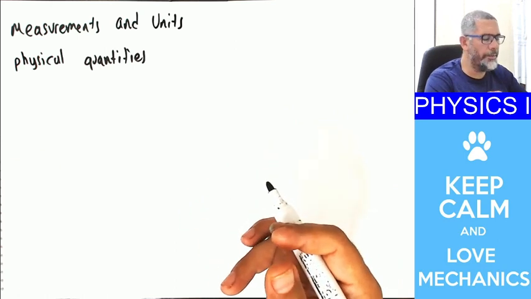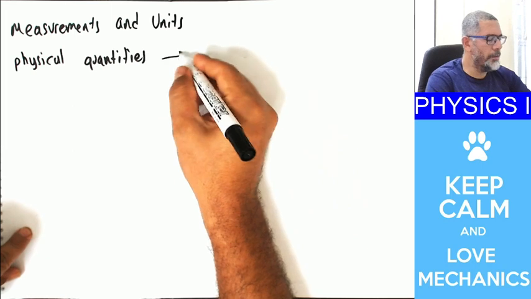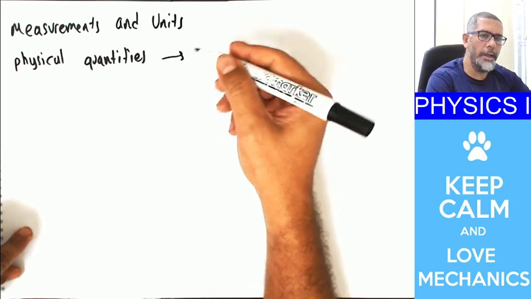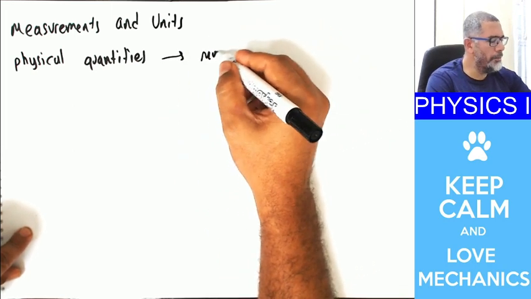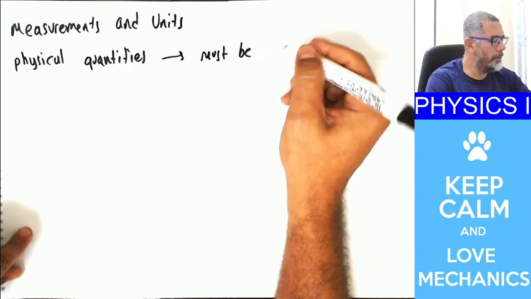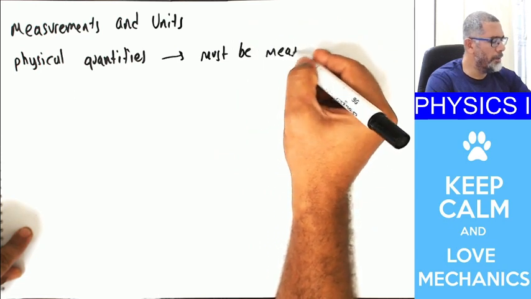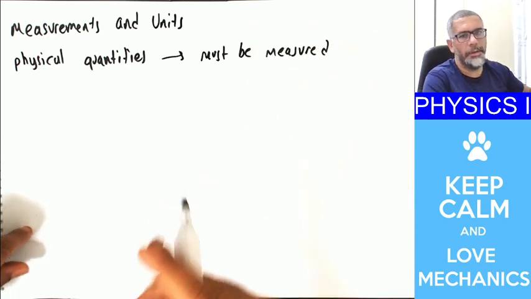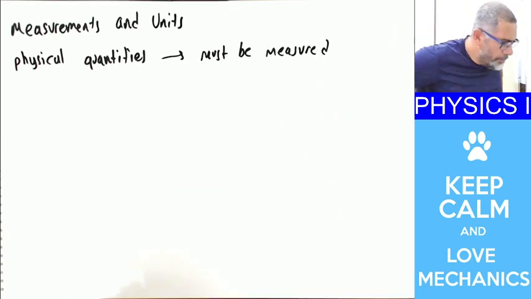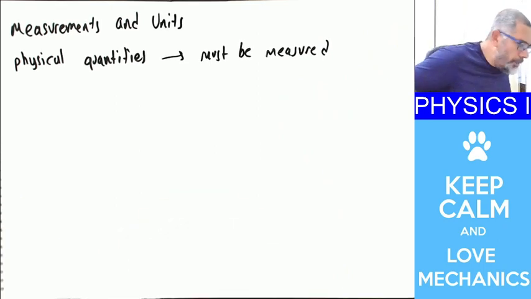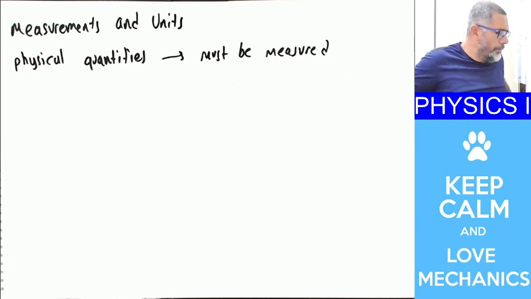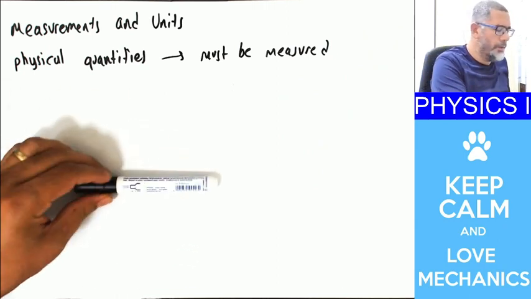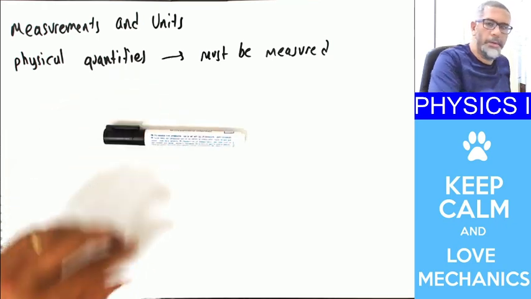If you're talking about a physical quantity, it must be measured. You must be able to measure it. So what is measurement? For example, let's talk about the length of this whiteboard.